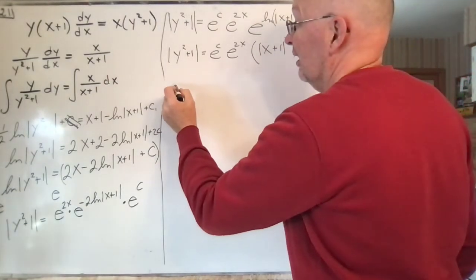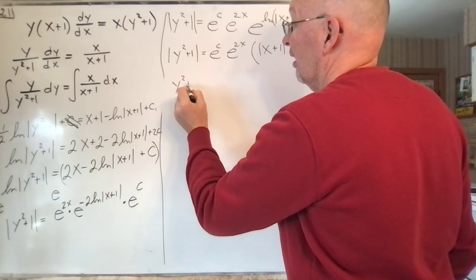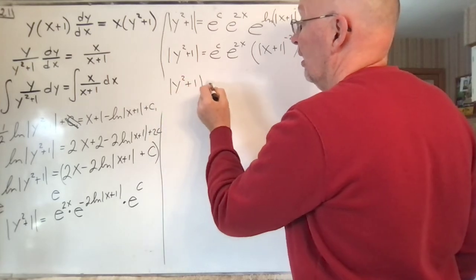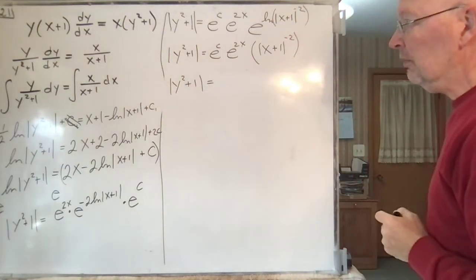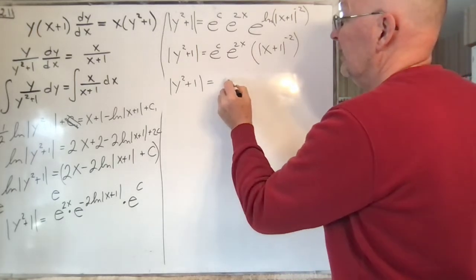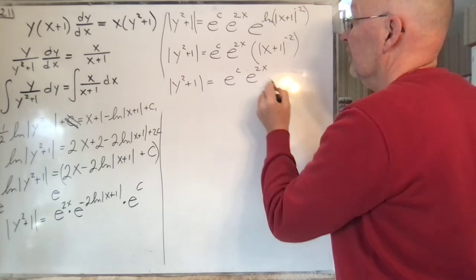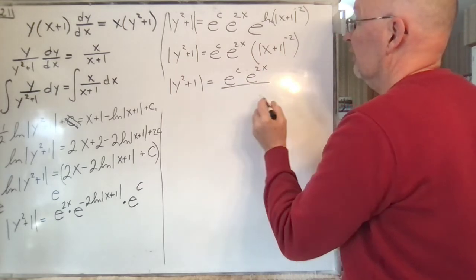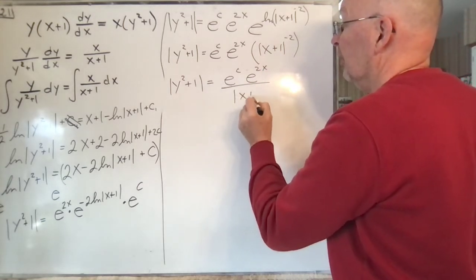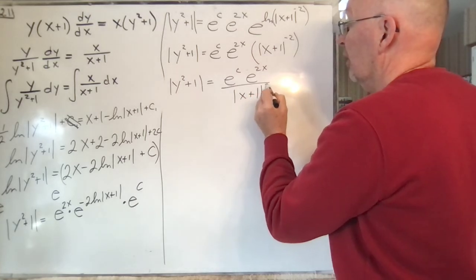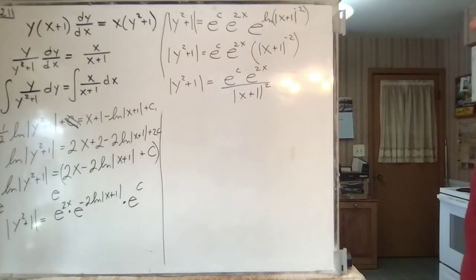So what do we get? We're going to get e to the c times e to the 2x, and then this can go downstairs and write it as x plus 1 quantity squared, like that.